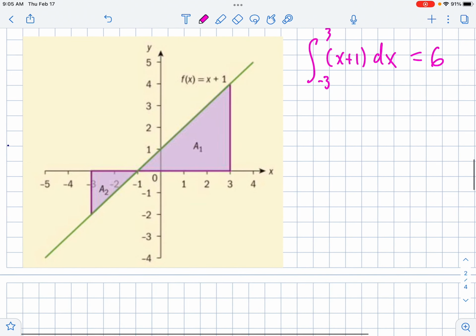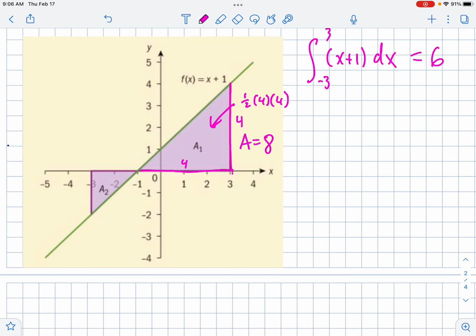Now, if I look at just their areas, they're both triangles, so we can use 1/2 base times height. This distance is 4. This distance is also 4. So if I do 1/2 base times height for this top part, that is 8.